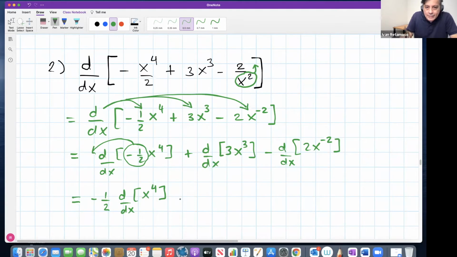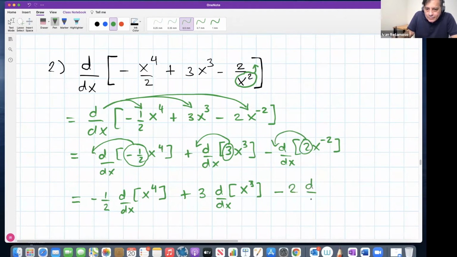So this becomes this plus, this number 3 is also a constant. Based on the constant multiple rule, this becomes this. Notice I'm doing this step by step, guys, but eventually we will do it quickly, right? So another constant that I can take out, 2 times the derivative with respect to x of x raised to minus 2. Very good.